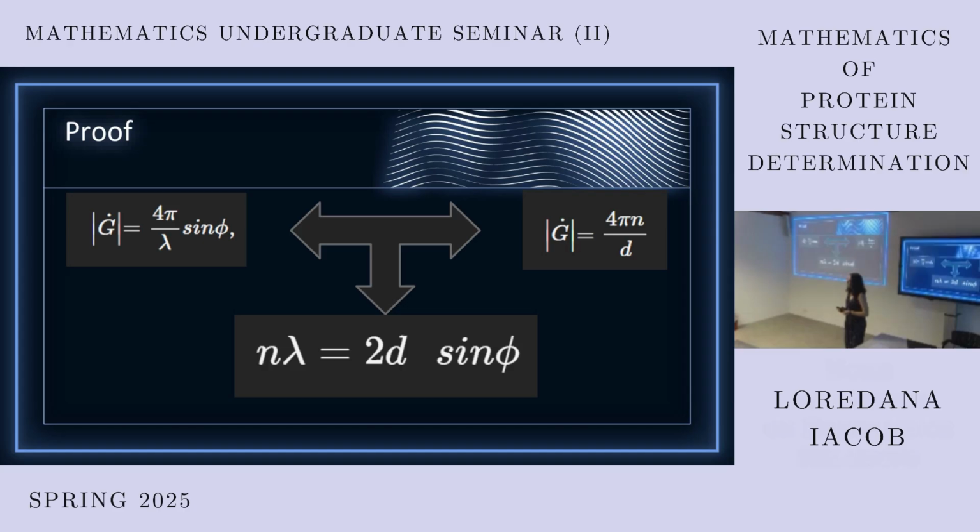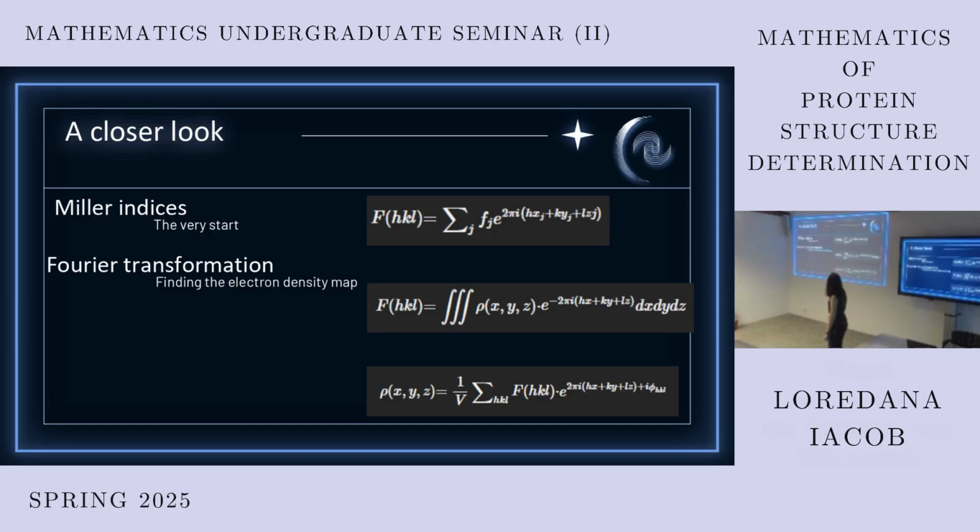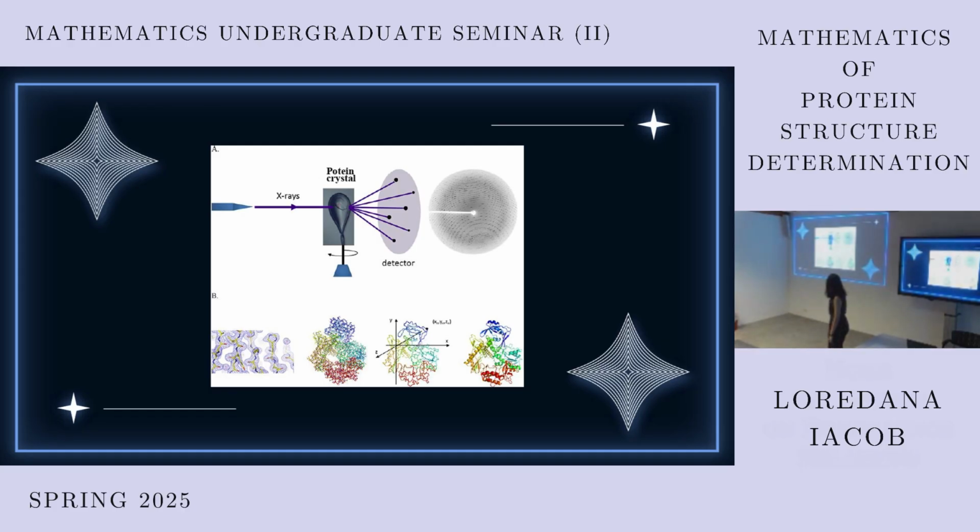Okay. And just a small question at the very end, with regards to the electron density map. I think there was a photo after that. Yes. I think you said something about the electron density map there. I'm wondering what exactly that was.